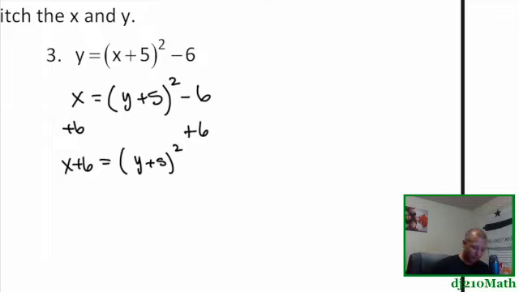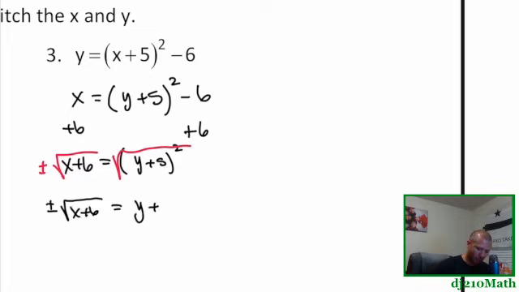All right, I got to get to the y. So I'm going to take a square root of both sides, and that cancels out the square on the right. So don't forget about plus or minus. So I'm going to get plus or minus square root of x plus 6 is equal to y plus 5.